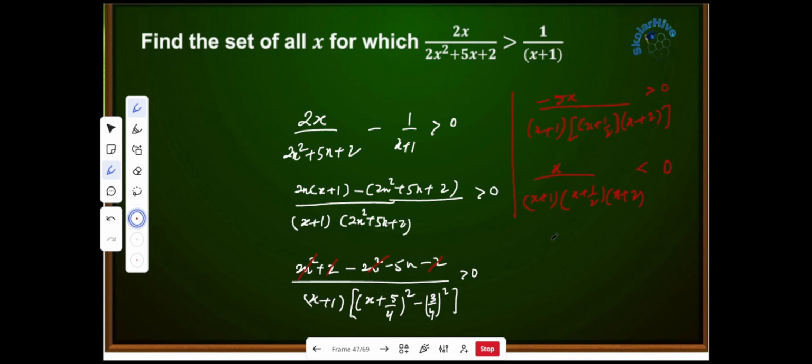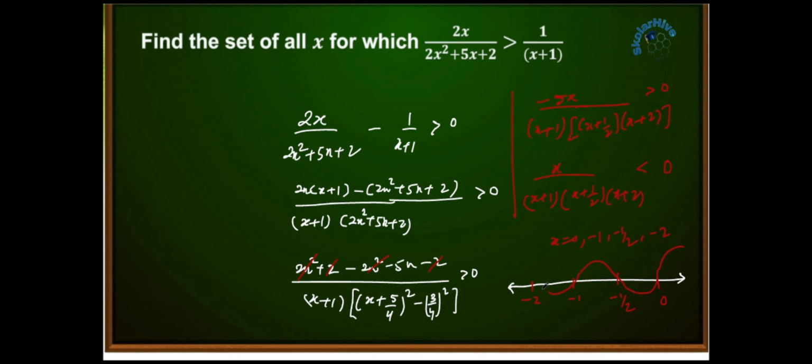So the numerator critical point will be 0, from the denominator it is minus 1, from here minus 1 by 2, from here minus 2. We need to plot these points in ascending order on a number line and then draw the wavy curve. So over here we have minus 2, minus 1, minus 1 by 2, and 0. Drawing the wavy curve, we can see that each factor has an odd power, so it will start from positive and alternately change the sign.